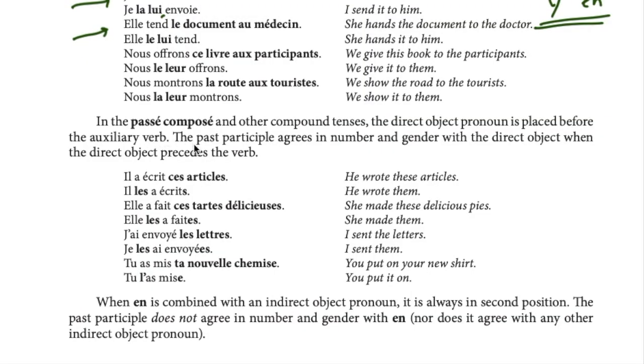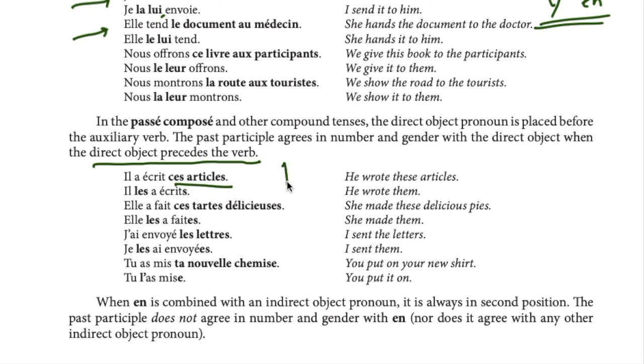In passé composé, we know that the direct object pronoun is placed before the auxiliary verb or the helping verb, and the past participle agrees in number and gender with the direct object when it comes before the auxiliary verb, right? For example, il a écrit ces articles. He has written these articles, or he wrote these articles. Now we can replace this with a direct object pronoun.